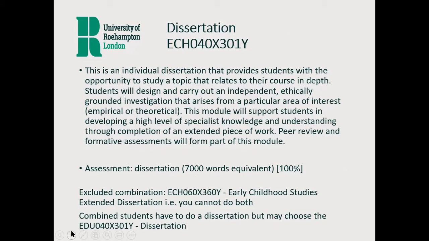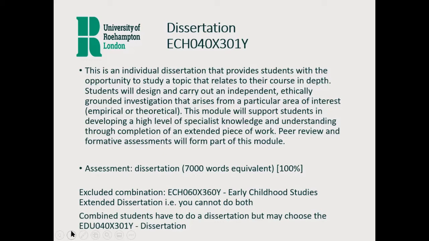And finally, but maybe I should have started with this, you will be doing your individual dissertation. So this is the early childhood dissertation, which is 40 credits. As you can see here, that's 7,000 words. And this is where you can, once again, develop that area of specialism, pick up on something that you are particularly interested in from the program, or it might be related to your career development plans.